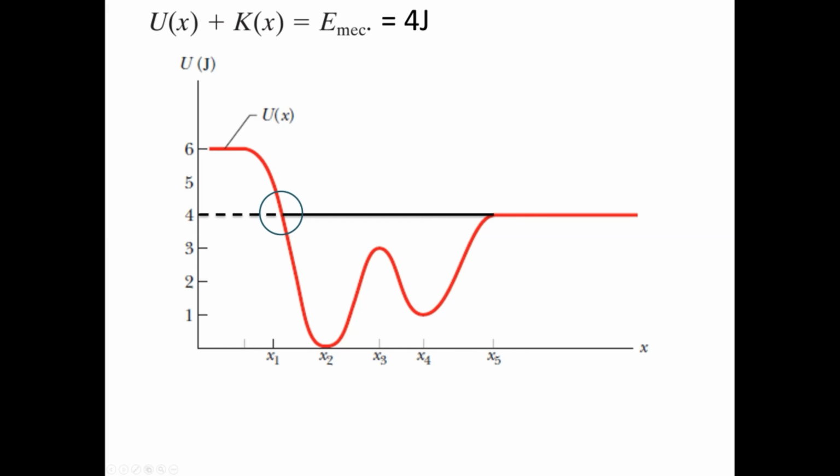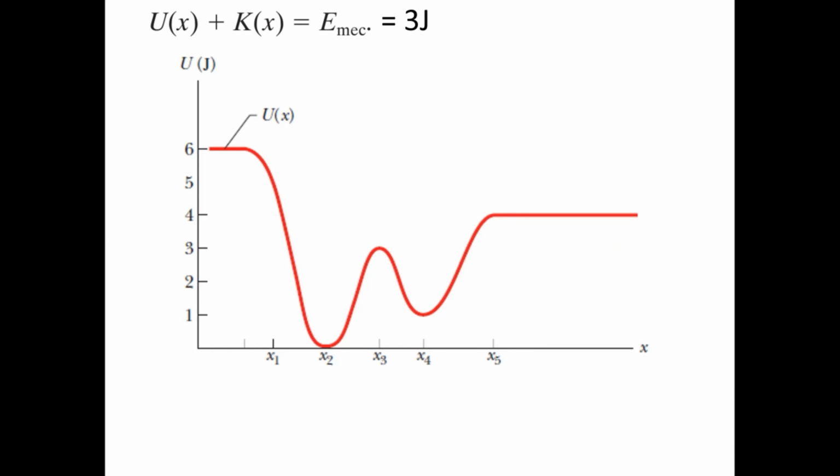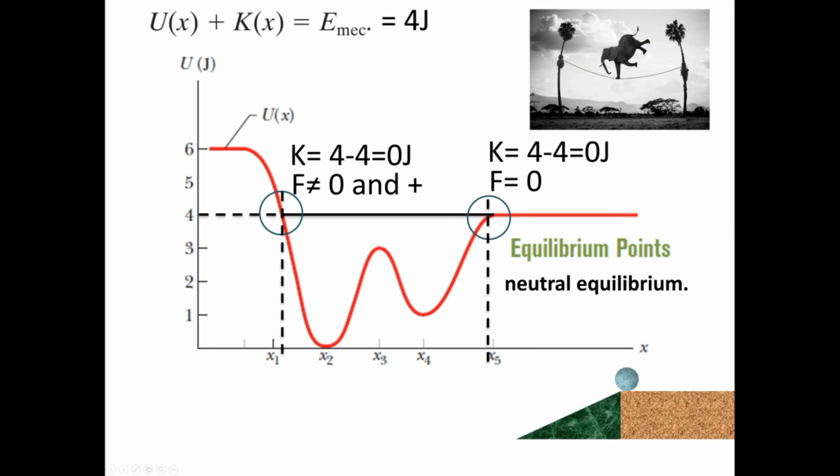Let's try something different. Let's say my mechanical energy is instead 4 joules now. So at this point, it will be 0. At the right side, we don't have a problem. At the left side, we still have a minus 2 joule problem now. We'll get back to that.